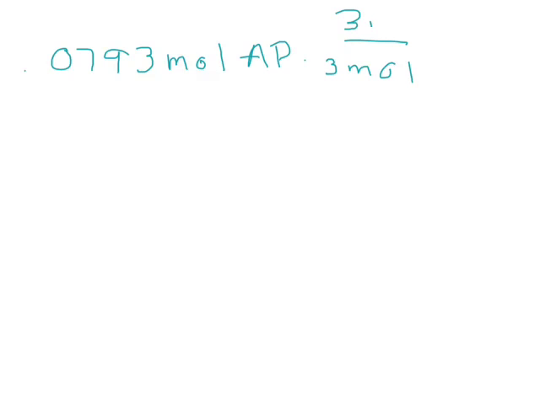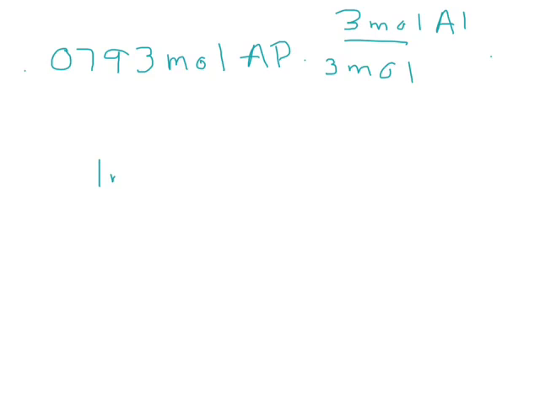We know that we have 0.0793 moles of ammonium perchlorate, and you use the mole ratio. For every 3 moles of ammonium perchlorate, there are 3 moles of aluminum. And now we need to convert this into grams.